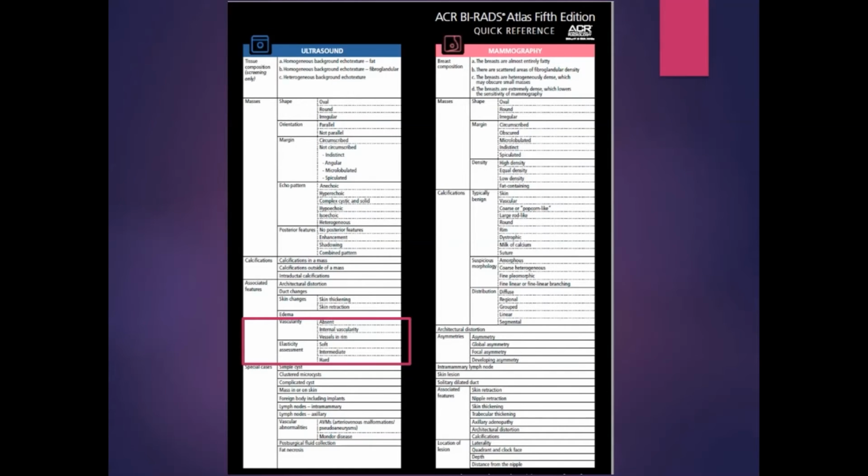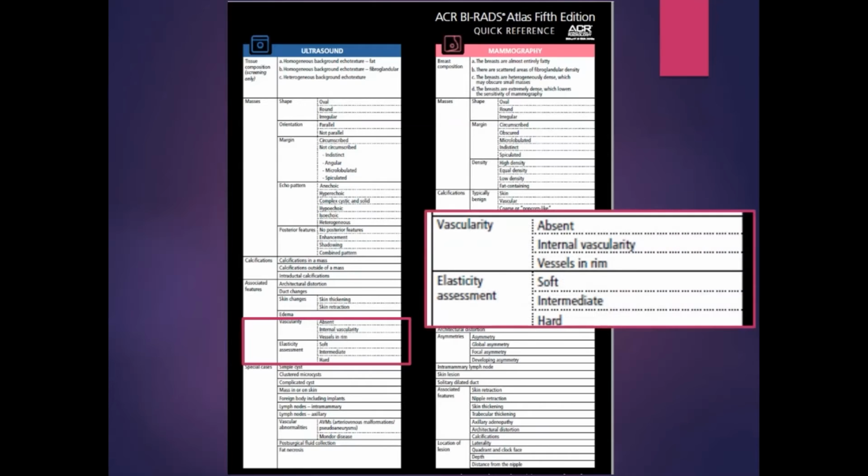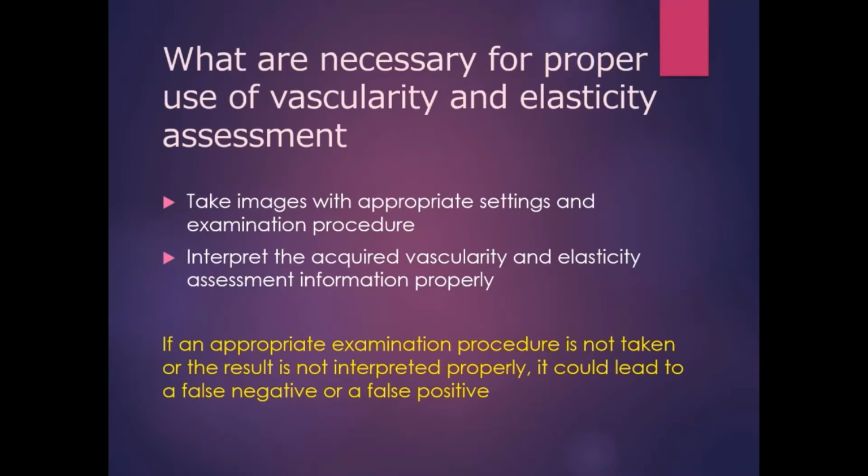In the guideline, vascularity and elasticity assessment are described as associated features. When you are lost for diagnosis in B mode, vascularity and elasticity assessment information is effective as reference findings. But to make it really effective, these two matters are important.